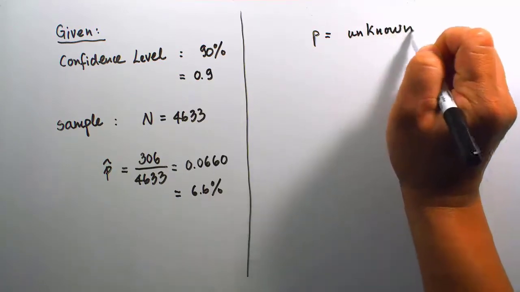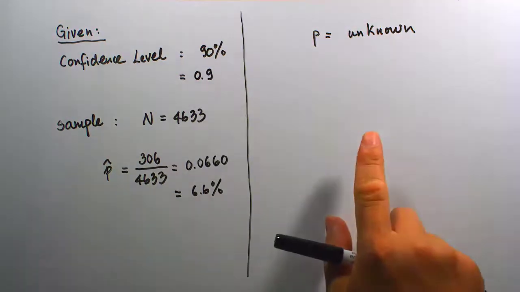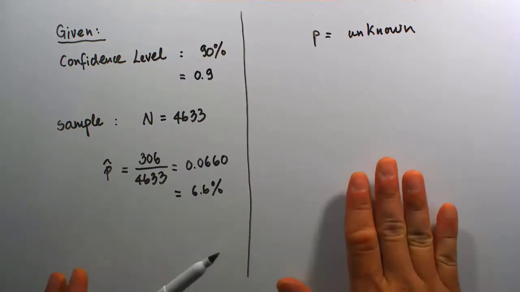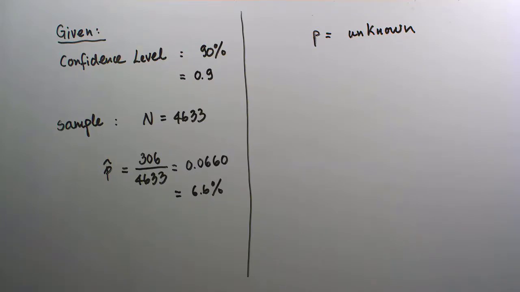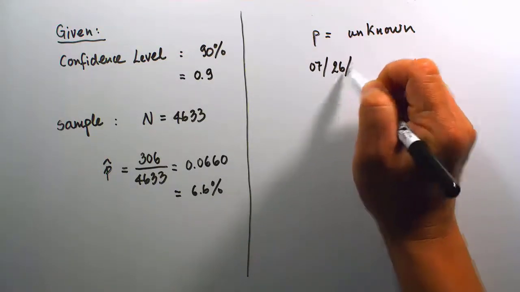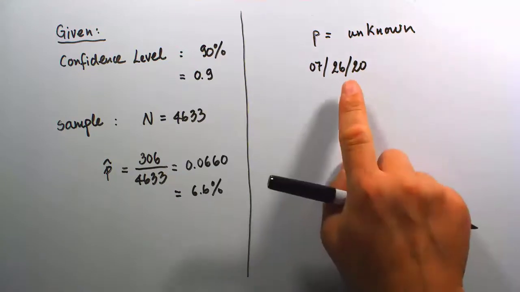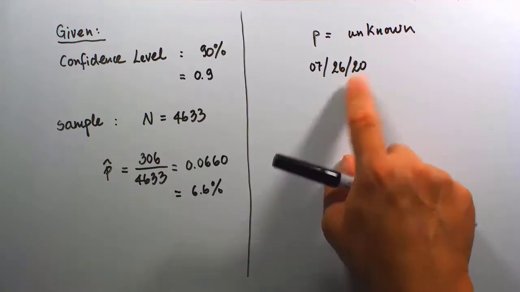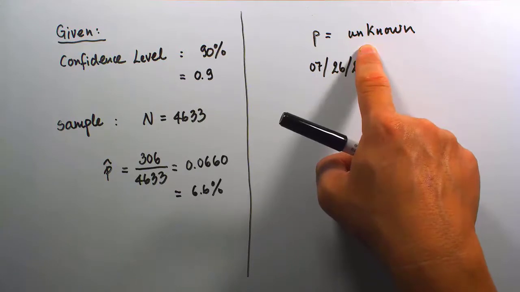the real proportion. And allow me to also further clarify that whatever we're studying here is only applicable to that day, that date being July the 26th, 2020, because of course COVID-19 is the disease, so it's spreading more and more widely. So every day this proportion of COVID-19 positive is different.